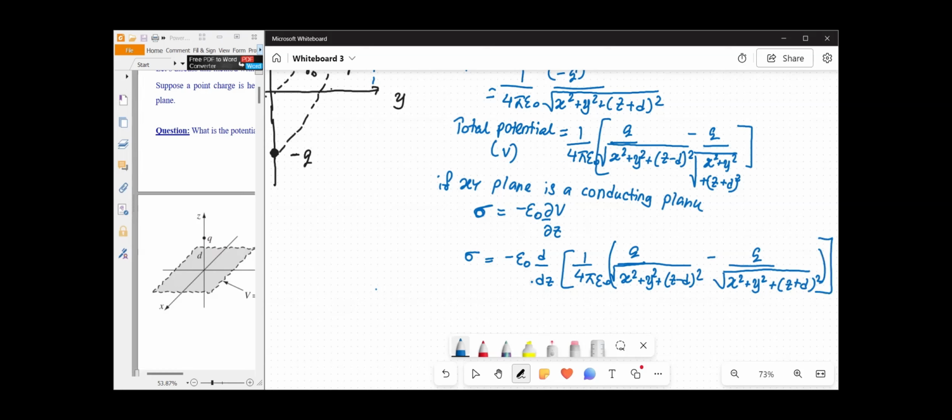So calculate the charge density by doing this differentiation. Try this one.